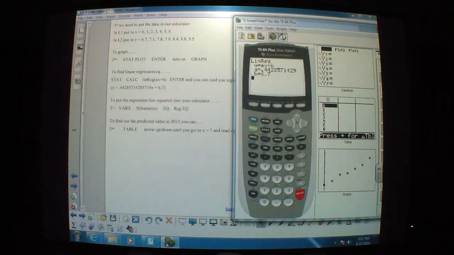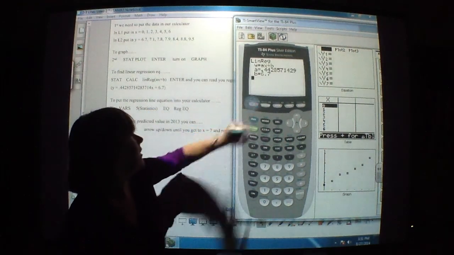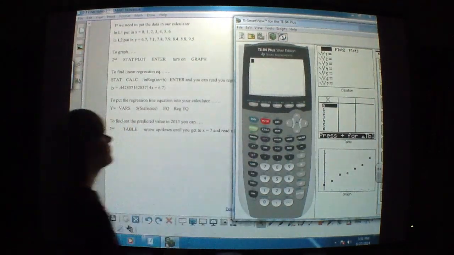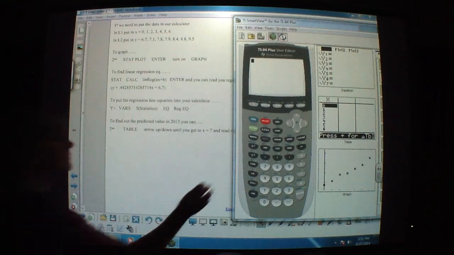If you want that line to be graphed on the scatter plot, just to see how well it fits, you could do that. You could put the regression line into the equation, the y. You can put it in here, but you don't need to type it in. And let me show you what you can do. You can do vars.